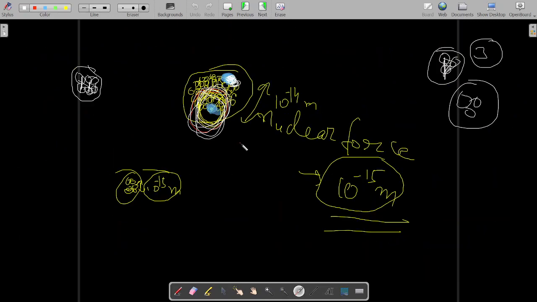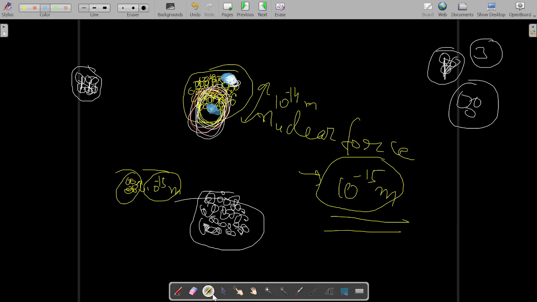But as soon as I increase the mass number to such an extent that a very large number of nucleons are there, clearly the nucleon over here and the nucleon over here have a very large distance.